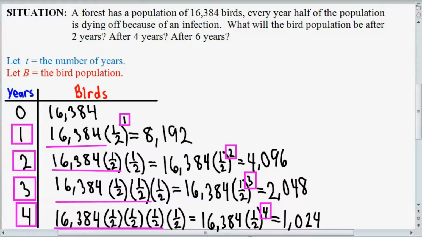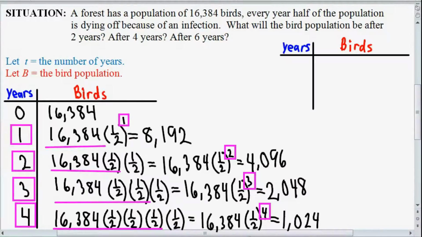Now that we have seen a pattern with regards to the number of years and the exponent that shows up on 1/2, we can now generalize this pattern and see if we have t number of years elapsed, then our population of birds represented as 16,384 would be multiplied by 1/2 raised to the t power.